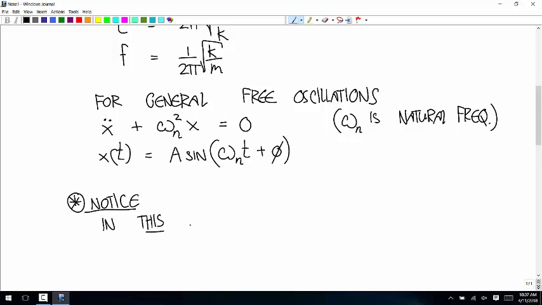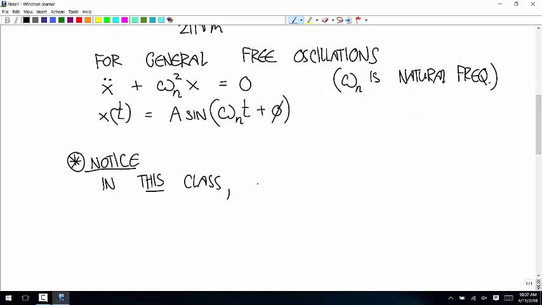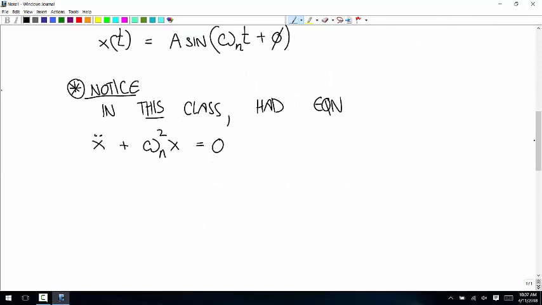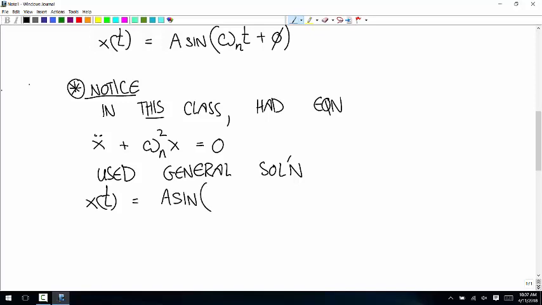In this class, we had the equation x double dot plus omega sub n squared times x is equal to 0, and use the general solution x of t is equal to a sine quantity omega sub n t plus phi.